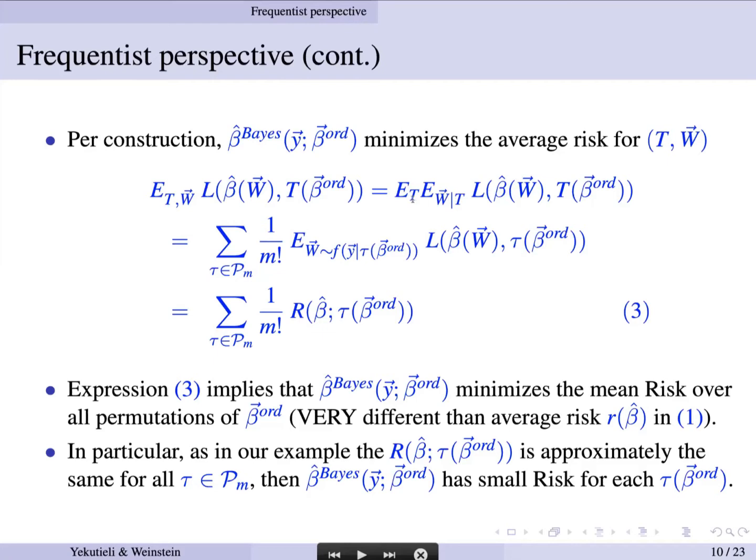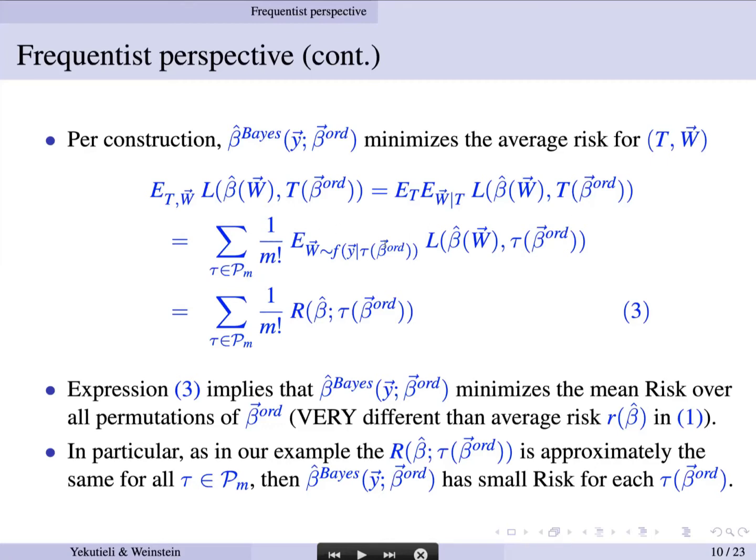What does expectation over T mean? T can take all m factorial permutations. So to take expectation over this, we just sum over all permutations the probability of seeing this particular permutation times the second thing. Well, what is the second thing?